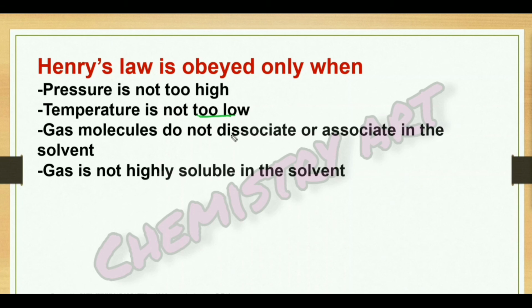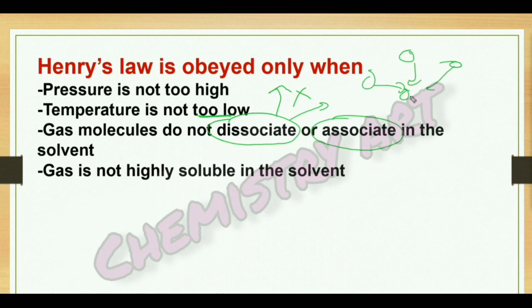Gas molecules should not dissociate or associate. Dissociated means what? They should not convert from one molecule into two or three molecules. Okay, means dissociation should not be there. And association means what? They should not coagulate. Different molecules combining should not happen.